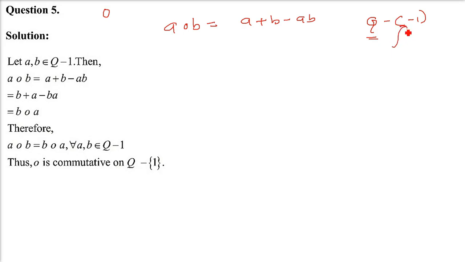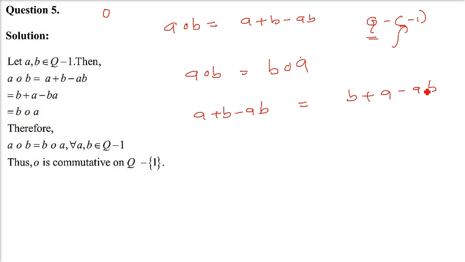Okay, so what we are trying to do here is on Q minus {-1}. What do we do in commutative? AOB is BOA. Now you see, AOB is A plus B minus AB. This is already given. And then we have here BOA, that is, just replace A by B: B plus A minus AB.